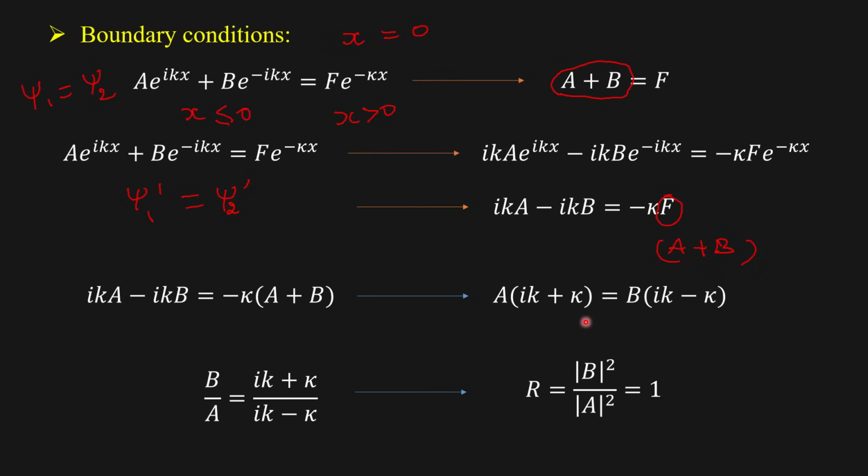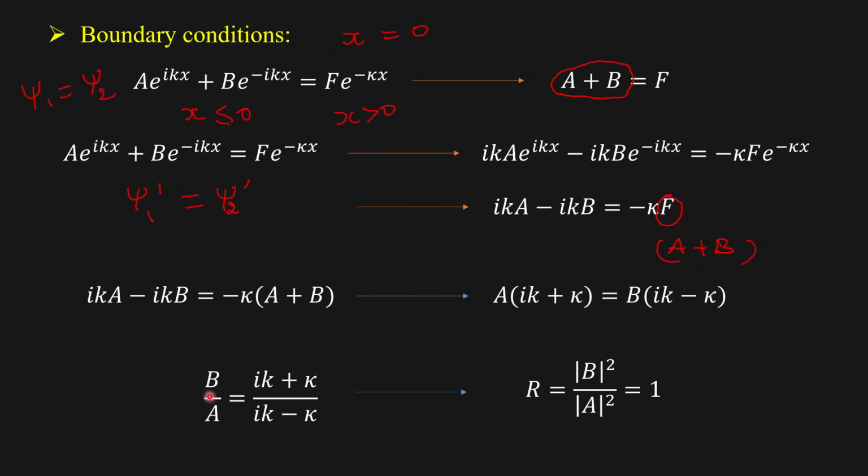Then you take the ratio B over A. B over A is obtained by bringing A to the other side and the bracket term to the left side, that is ik minus kappa.